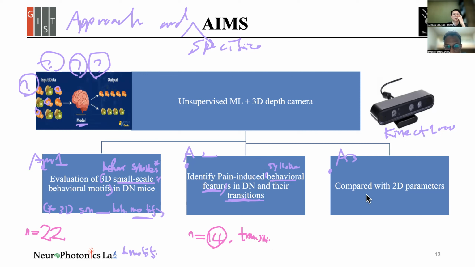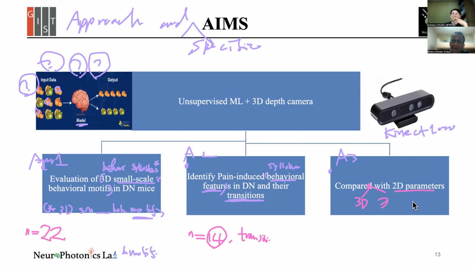The third is 2D, usually we say traditional parameters. Position, velocity. 3D with 2D parameters, but without motion sequence. 3D usually possesses 2D, right? Yes.